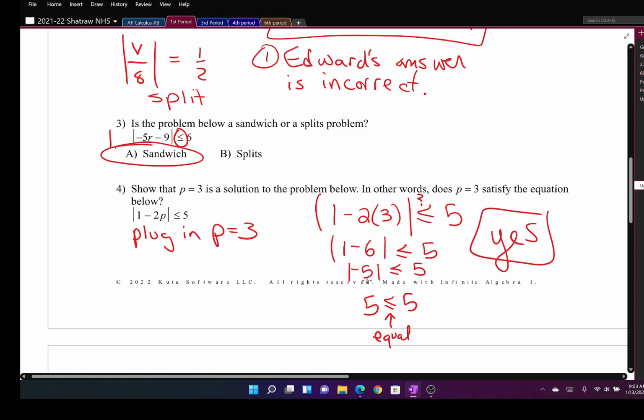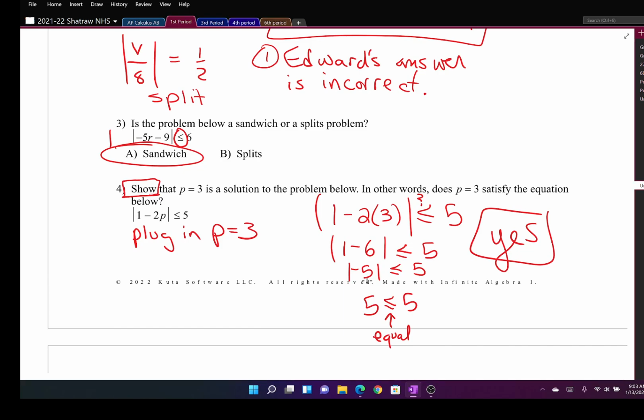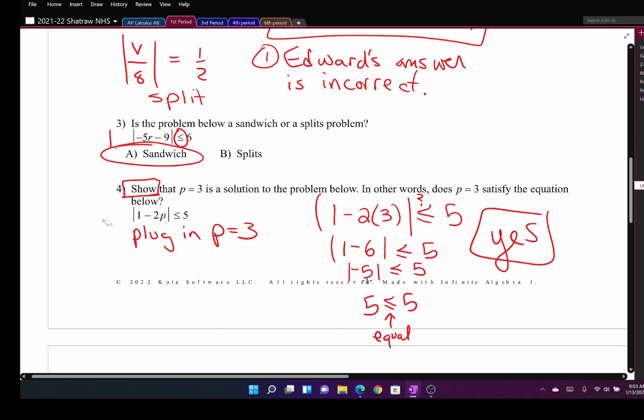And this is a yes or no question, but it says show. So you can write down a yes, and you will get a point. But the other 2 points you will not get. There will be 2 points awarded for showing your work.